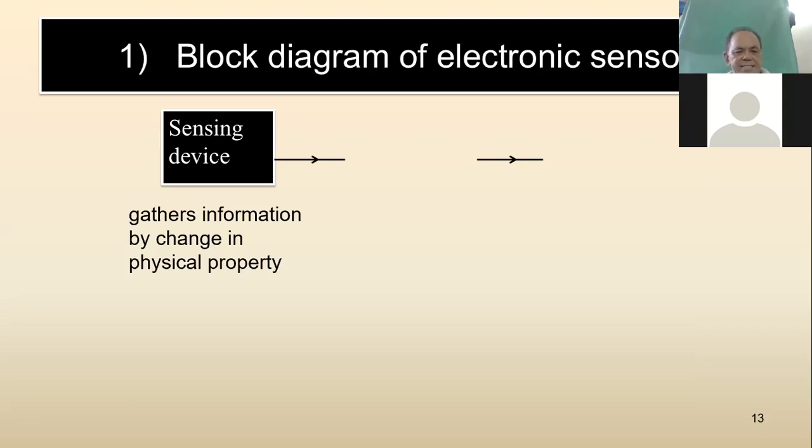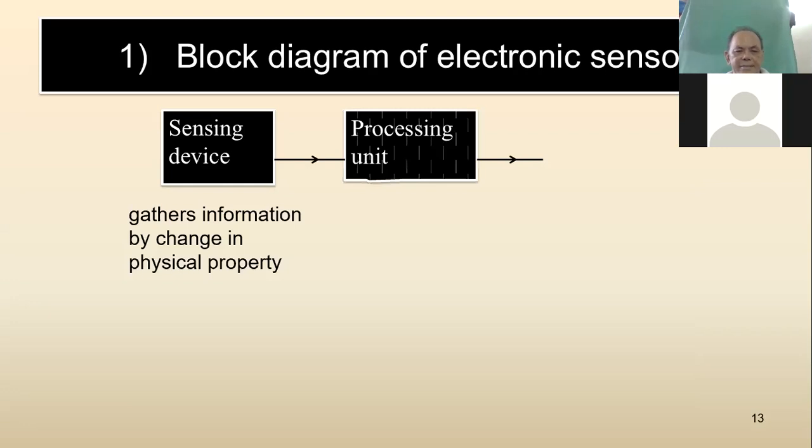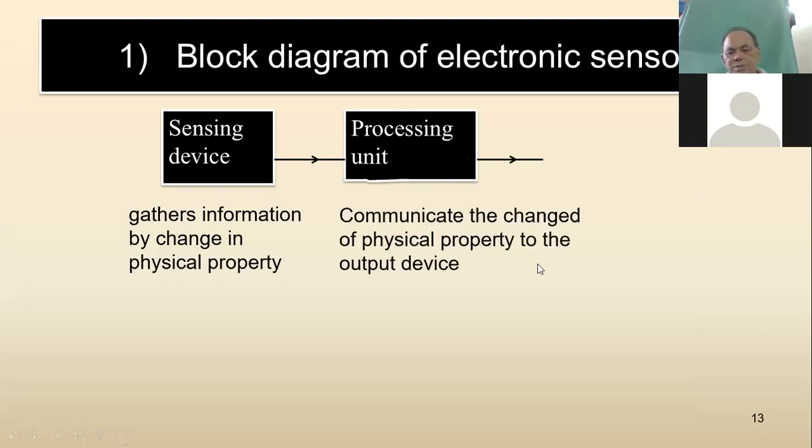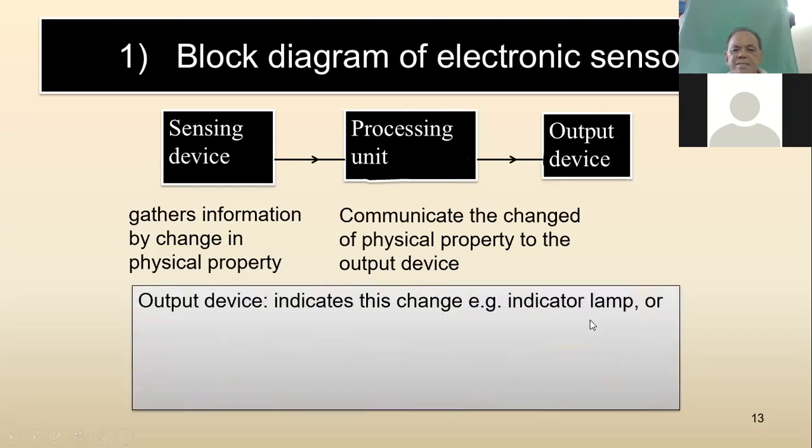The thermistor senses a change in temperature. Then the resistance changes. And we feed the change in voltage to the processing unit. Processing unit gives an output, communicates this output to the output device. So output device indicates the change.